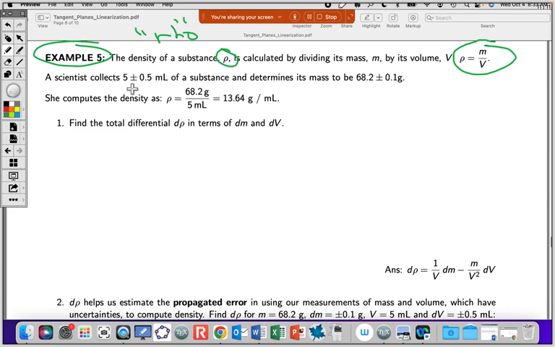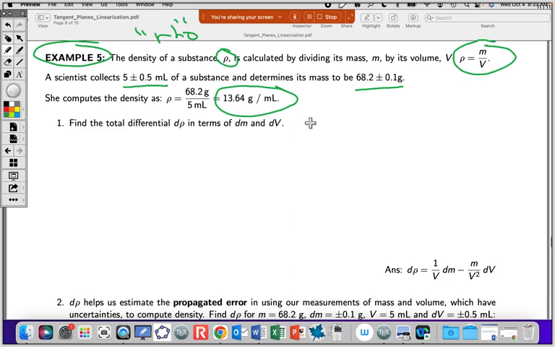A scientist collects 5 plus or minus 0.5 mils of a substance and determines its mass to be 68.2 plus or minus 0.1 grams. So that's fairly heavy. She computes the density by using the 68.2 grams divided by the 5 mil to get 13.64 grams per milliliter.